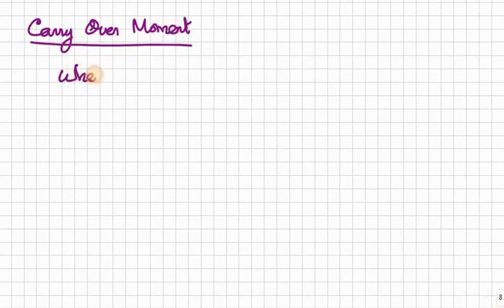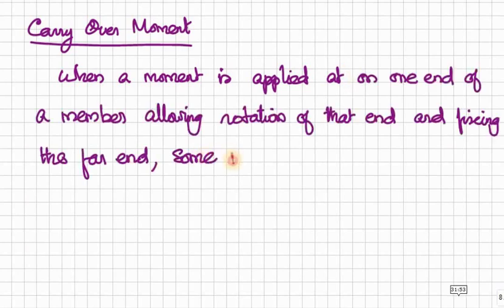Next, carry over moment. When a moment is applied at one end of a member, allowing rotation of that end and fixing the far end, some moment develops at the far end.